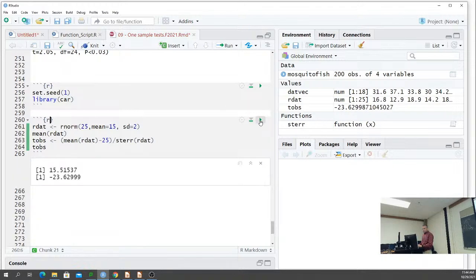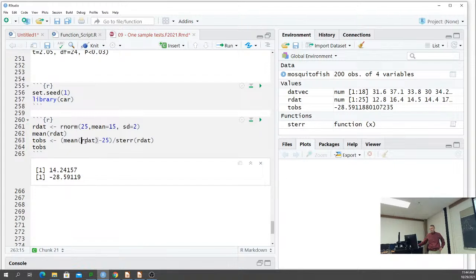So we've got the mean and the T obs, and you can see the standard error is s over the square root. So we don't know our actual population standard deviation of 2. Why is that so large?